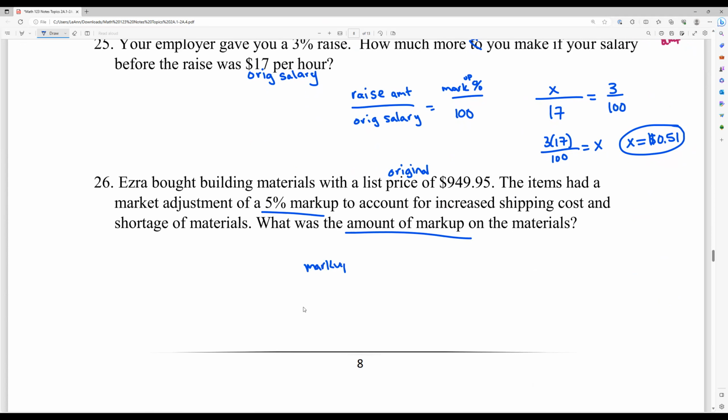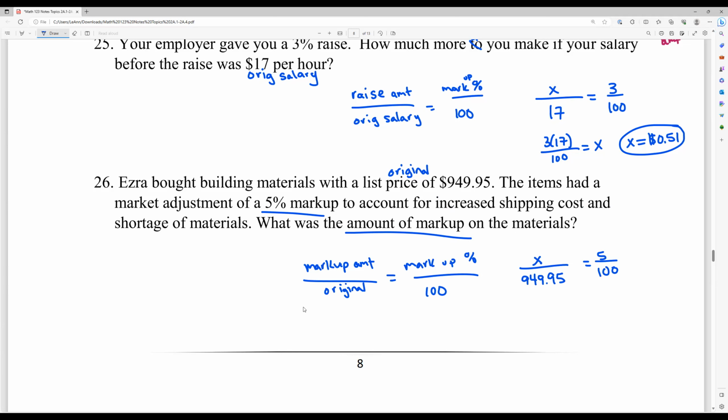How much is it going to go up? So markup amount over the original equals the markup percent over 100. So markup amount is what I'm looking for. The original price was $949.95.